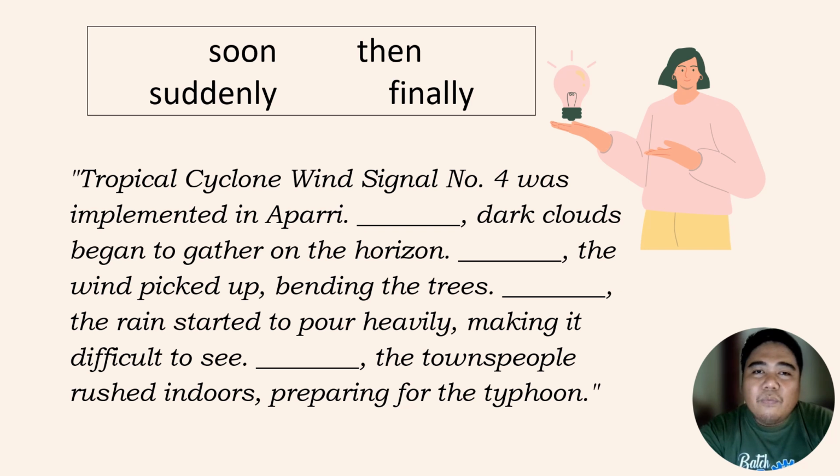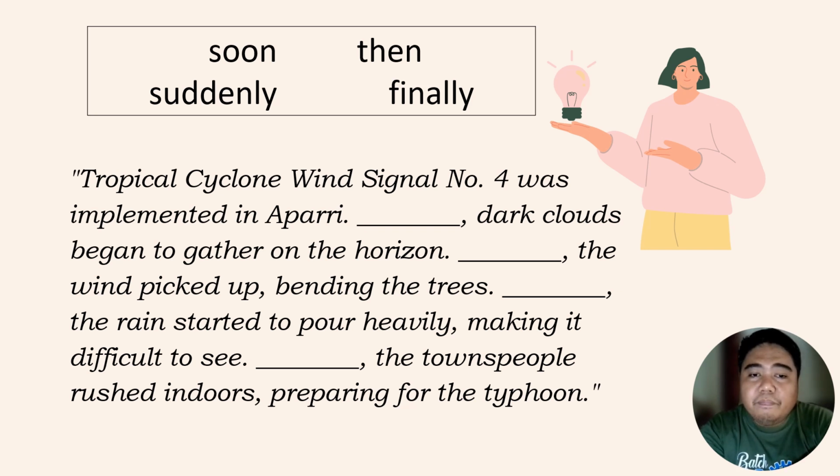Okay, so our choices are the following: soon, then, suddenly, finally. What you are going to do is to fill in the blanks using the correct transitional markers. Tropical cyclone wind signal number 4 was implemented in Apari. Blank, dark clouds began to gather on the horizon.